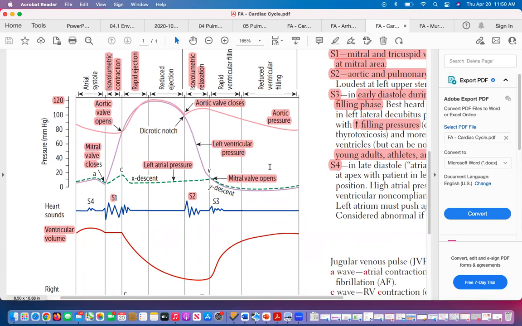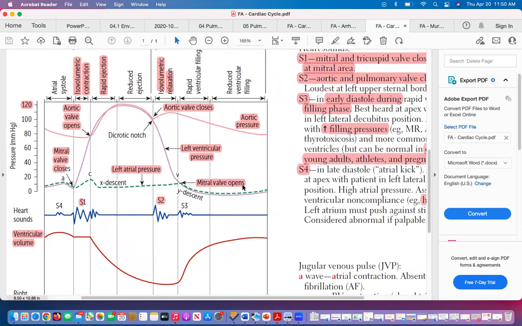And when the aortic valve closes, which is at the same time as when the pulmonary valve closes, we hear the S2 sound. This is what we have. So now this graph should be pretty clear by now.